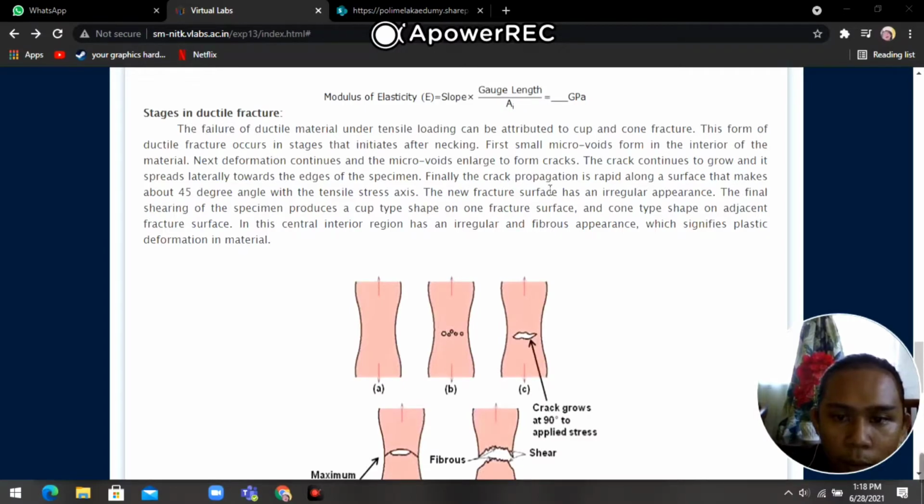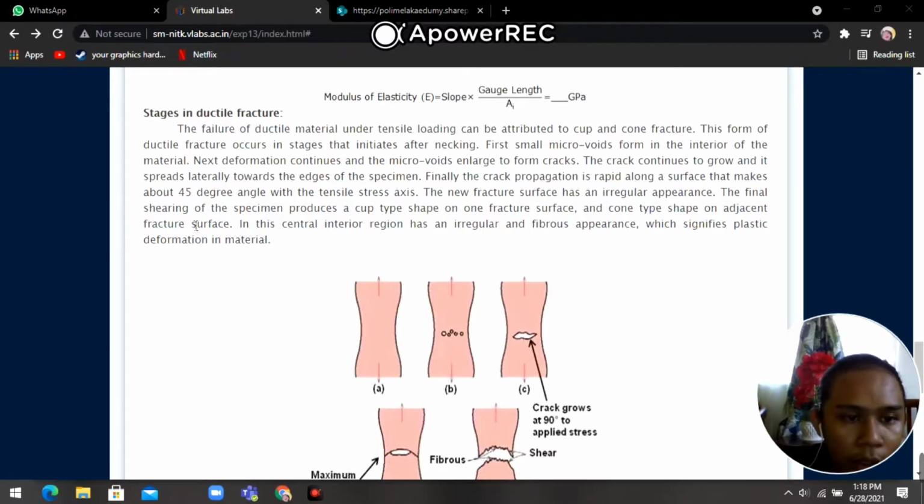Finally, the crack propagation is rapid along a surface that makes about a 45-degree angle with the tensile stress axis. The new fracture surface has an irregular appearance.